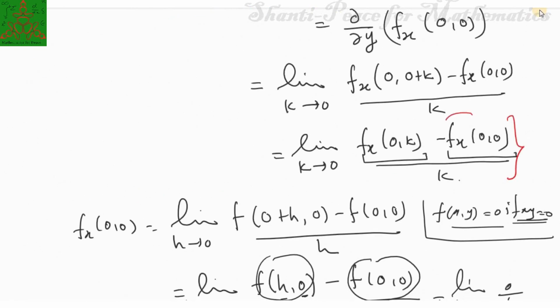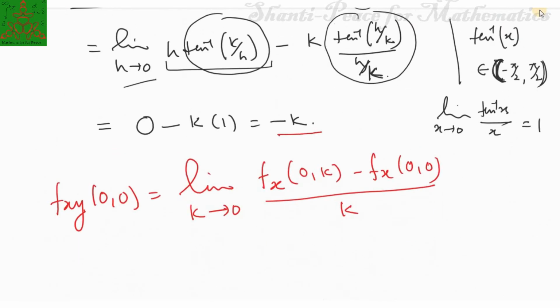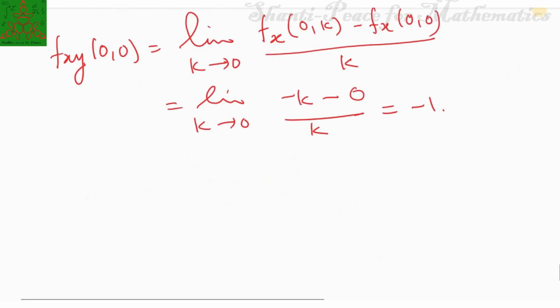We have calculated f_x at (0, 0) is 0, and f_x at (0, k) we have calculated just now, that is minus k. So this will give you limit k tends to 0, (minus k minus 0) upon k, which gives you minus 1.